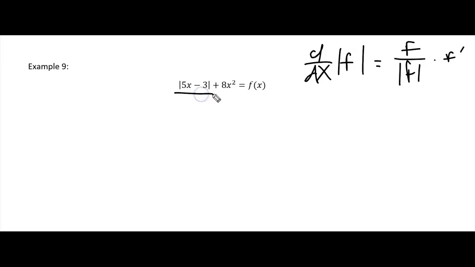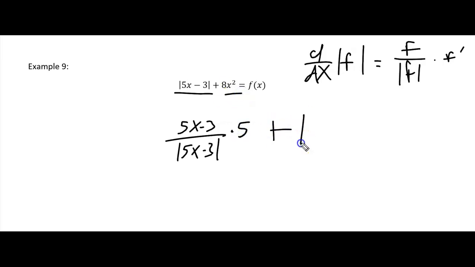So if I wanted to take the derivative of this, I would get 5x minus 3 over the absolute value of 5x minus 3 times the derivative of 5x minus 3, which is 5. Okay, plus, now we need to do the derivative of 8x squared, that's 16x.